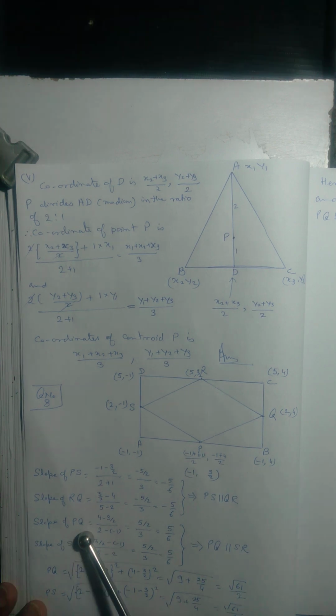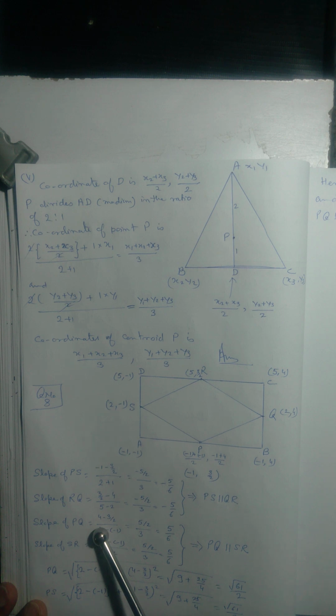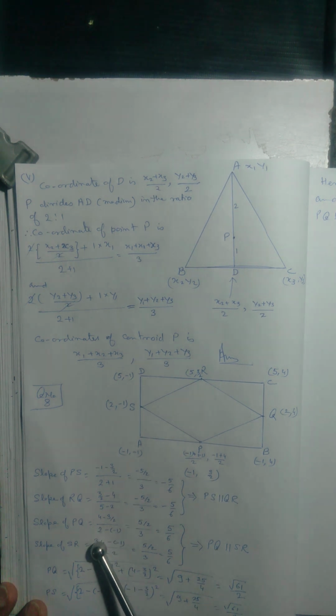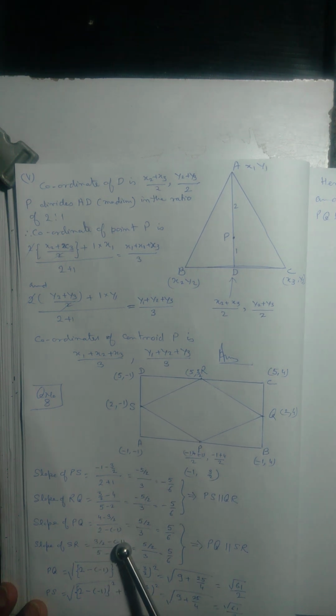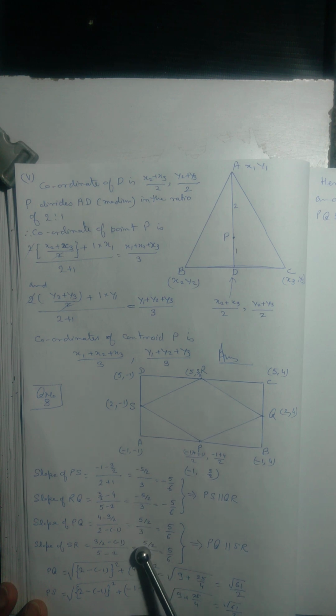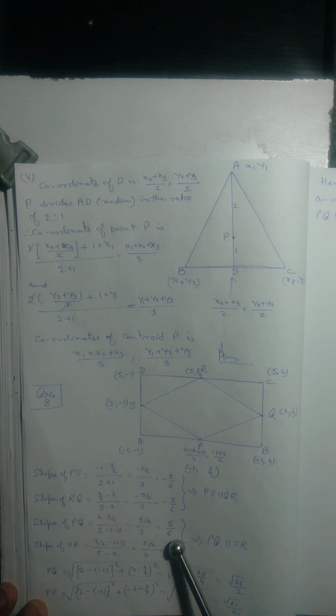Similarly, the slope of PQ and the slope of SR have been determined, that is (y2 minus y1) upon (x2 minus x1), again (4 minus 3 by 2) upon (2 minus minus 1), that is equal to 5 by 2 upon 3, it will be equal to 5 by 6.